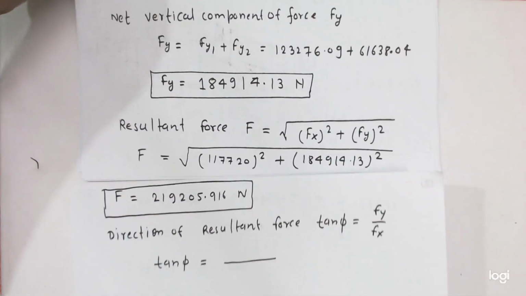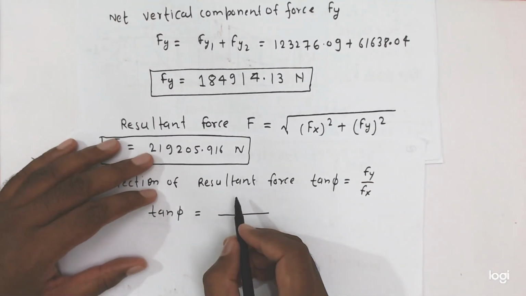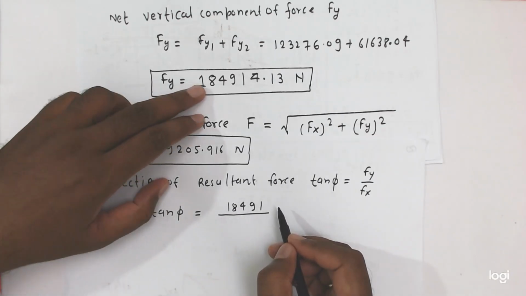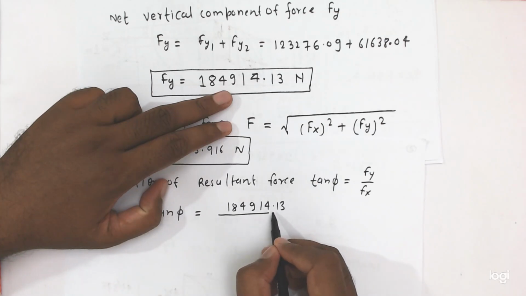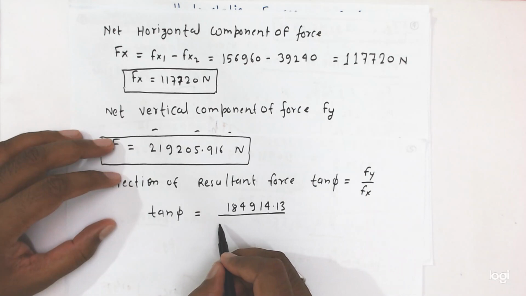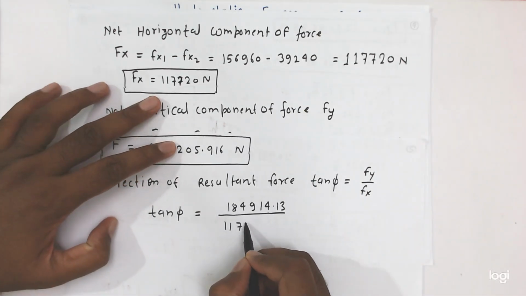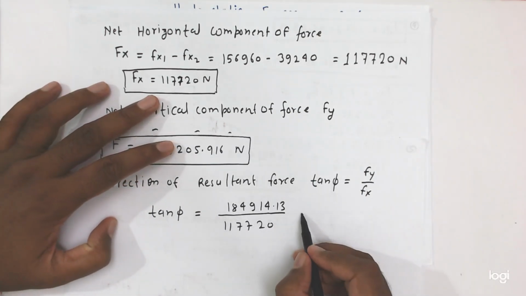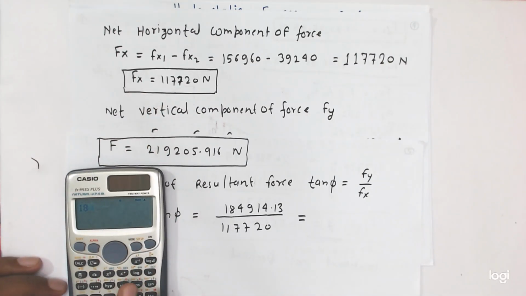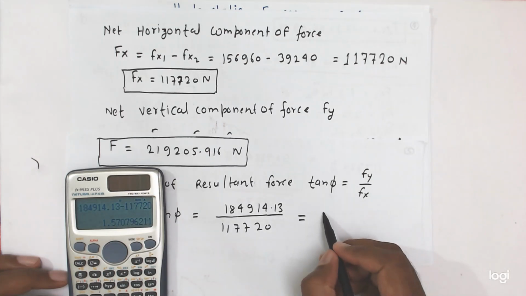Here you see Fy is equal to 184914.13 divided by Fx 117720. So it will come friends here 184914.13 divided by 117720.